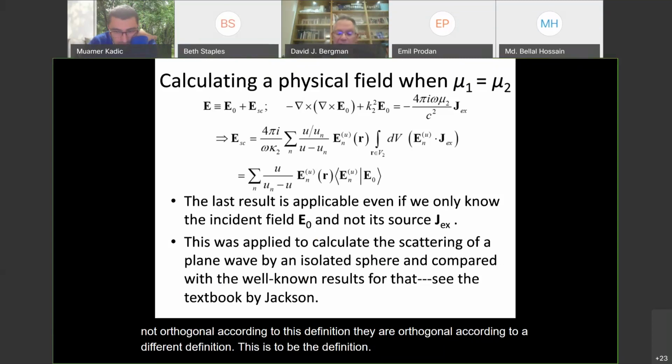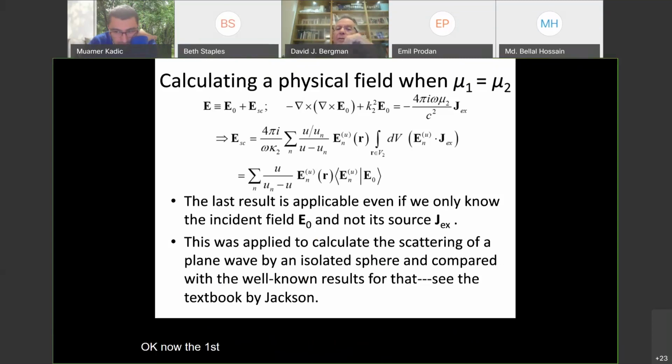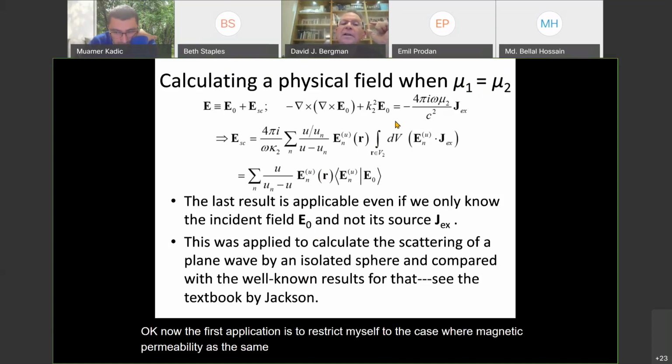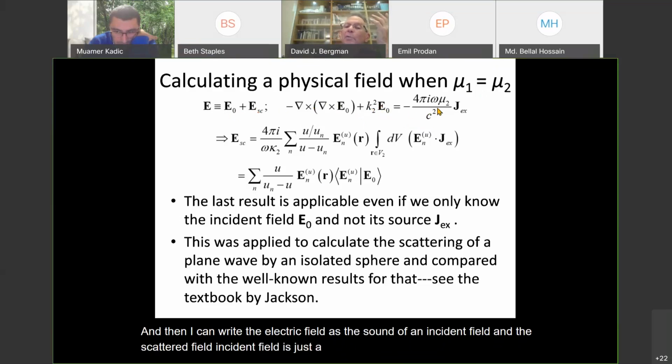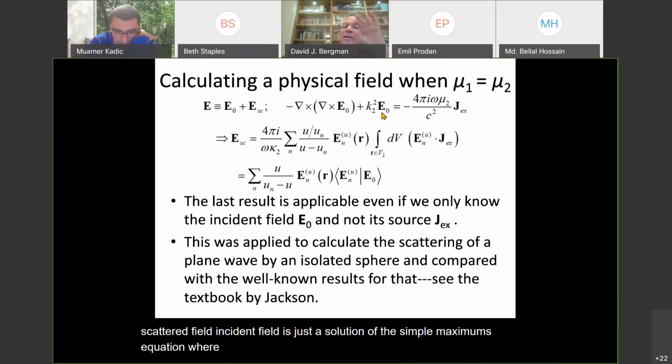Okay, now the first application is to restrict myself to the case where magnetic permeability is the same value everywhere. And then I can write the electric field as the sum of an incident field and a scattered field. The incident field is just a solution of a simple Maxwell's equation where there's no microstructure.